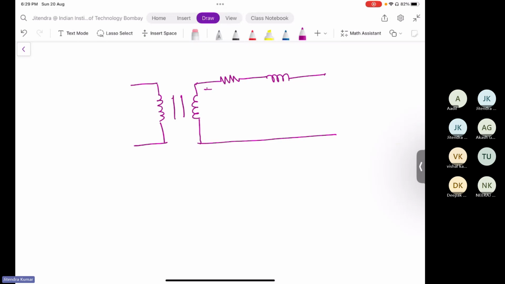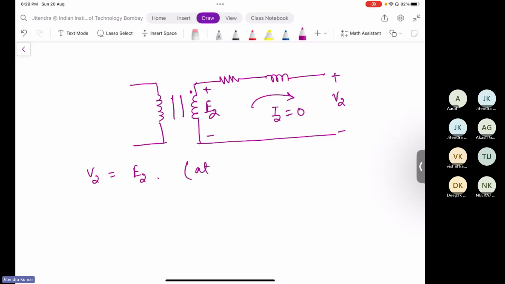Whatever voltage you see here, let us call it E2 since it is the secondary side, and this is the voltage V2. If the transformer is operating at no load, this current I2 will be 0, so whatever E2 is will be reflected to V2. So V2 is equal to E2 at no load.